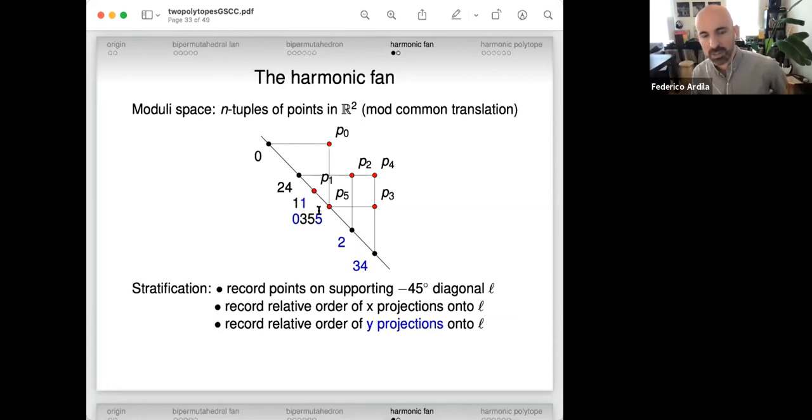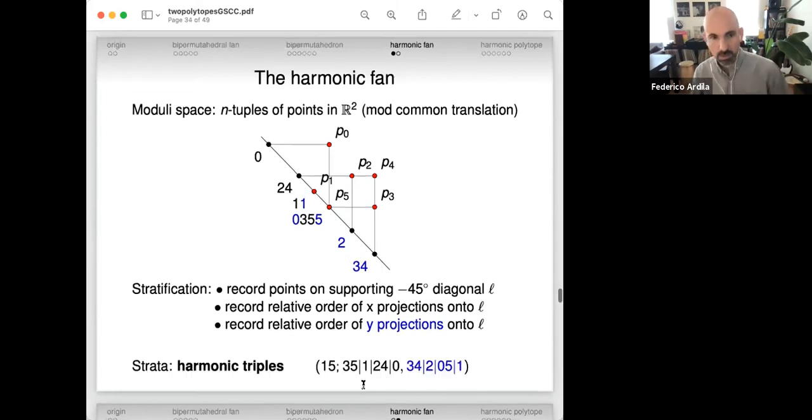Because what I'm going to do is, with this same information, I'm not going to record the relative order of everything. I'm just going to record who are the points that landed on the diagonal, in this case, 1 and 5. I'm going to record the order of the blue things. So I record 1 and 5 are on the line.